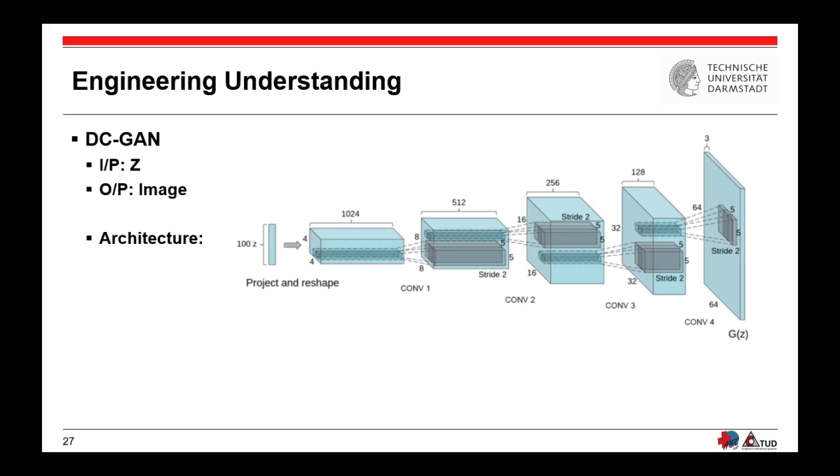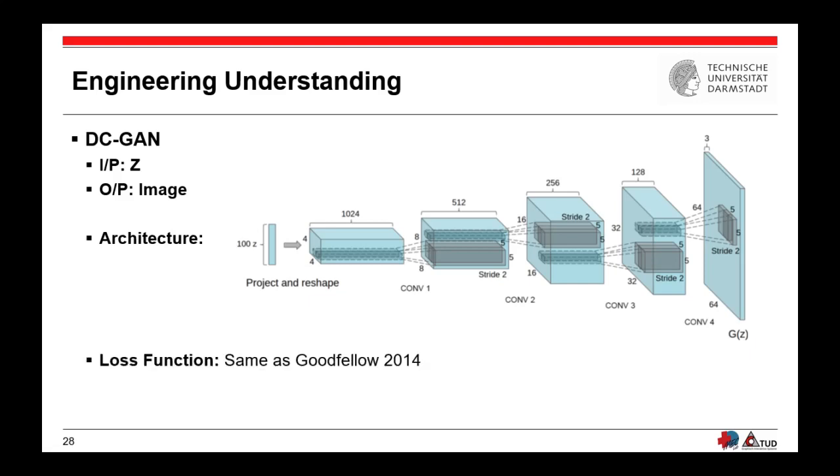So 64 by 64 is the XY dimension, and 3 is for the RGB color image. So you give as input a random seed, and from there you do deconvolution and generate images. And you have associated it with a discriminator that tells you how good or bad these images are, and you get better. That's what this paper is about.